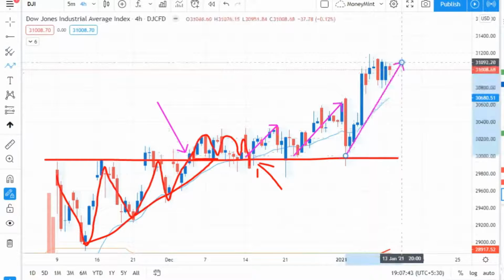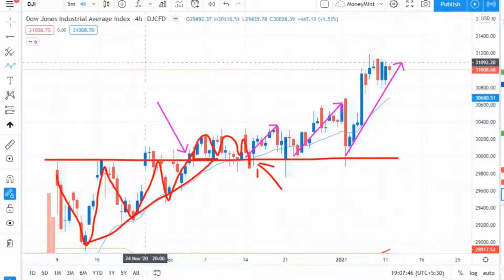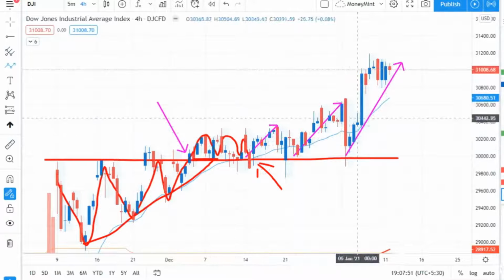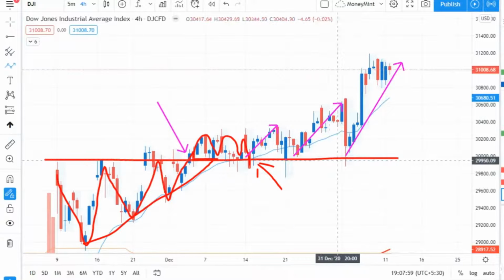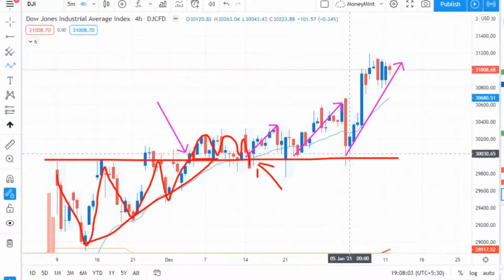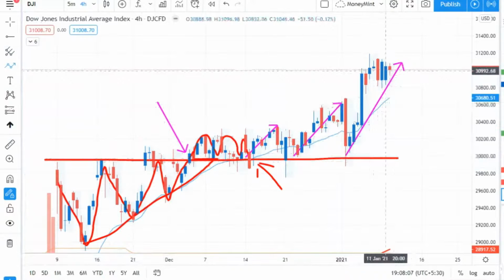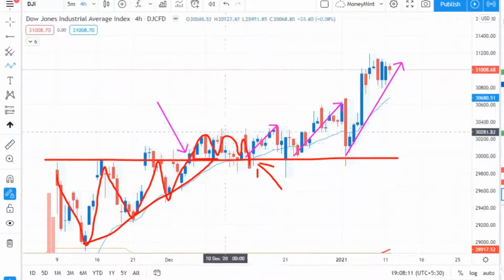Now what do we expect here? This formation of higher highs, and the momentum being greater each time the price came to test here, also signifies that this level now becomes a weaker one, because the kind of momentum that happened here should have happened at this point.